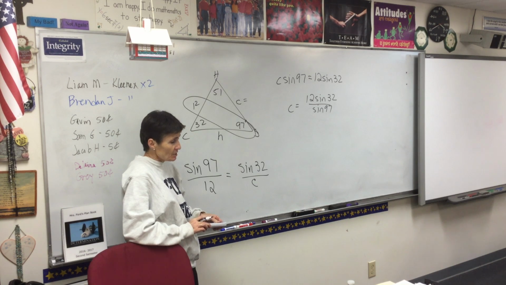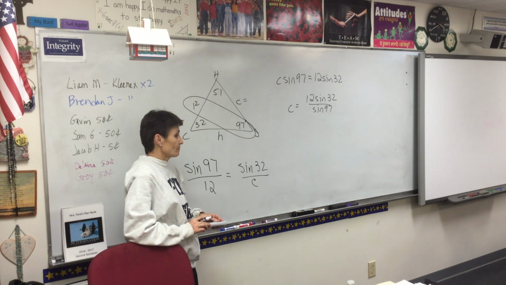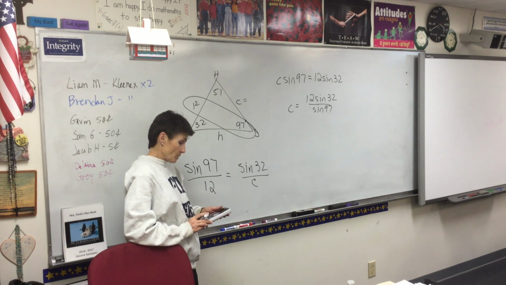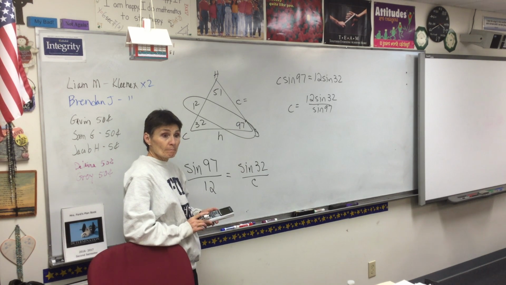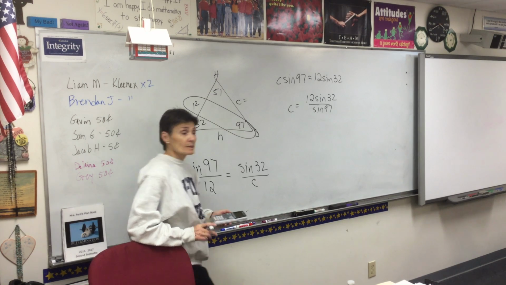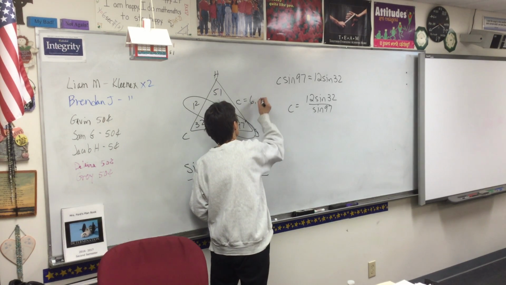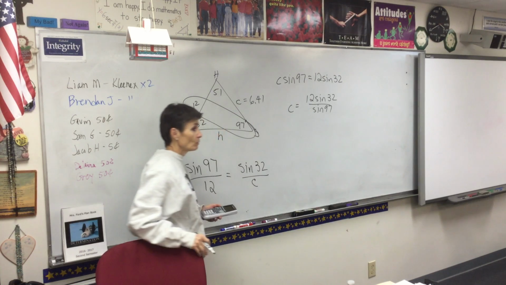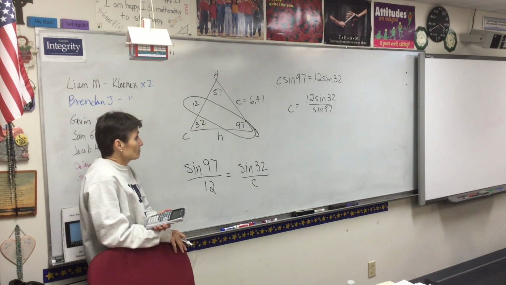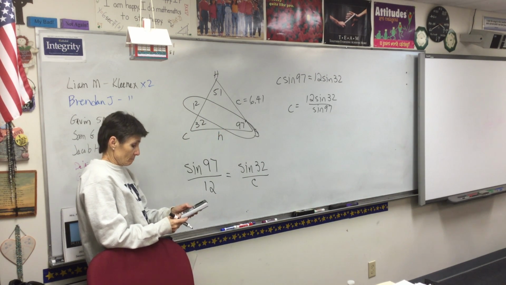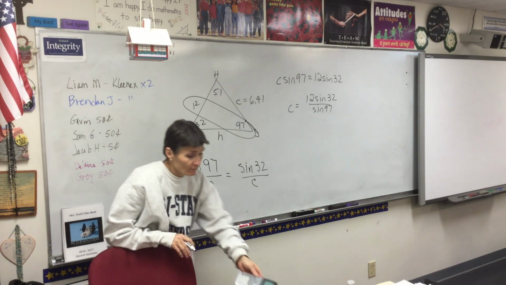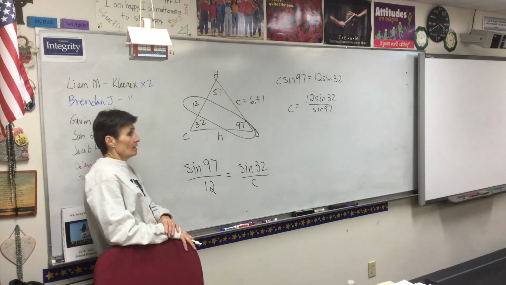You too, Emmett. Thank you. What'd you get? 4.4 or 6.41? 6.41. That's what I got too. Good job. 6.41. Touchdown Brown. Touchdown Brown, whatever that means. Yes, indeed. All right.